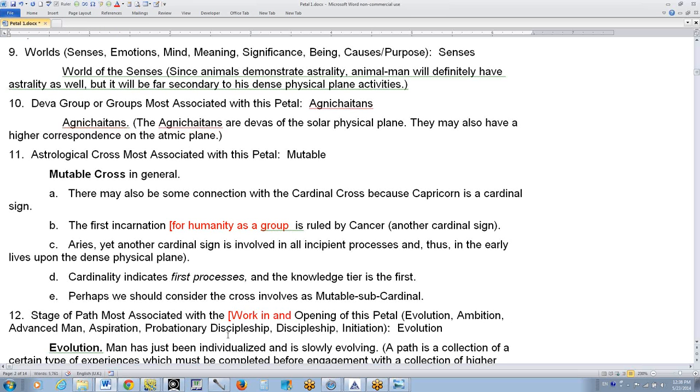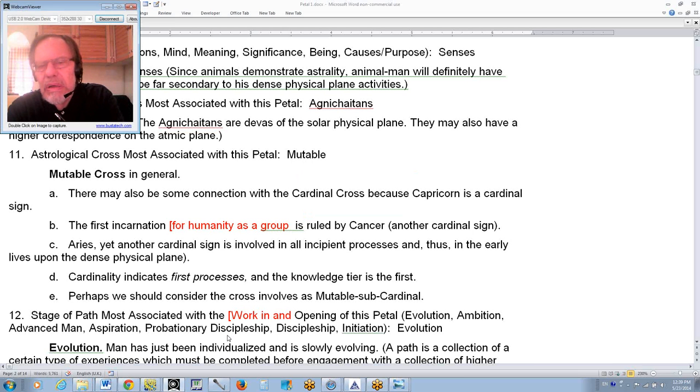I'm being much more careful because man's work is mainly to organize and to an extent vitalize. The opening is handled more by the second logos, the solar angel eventually, and then by the rod of power.